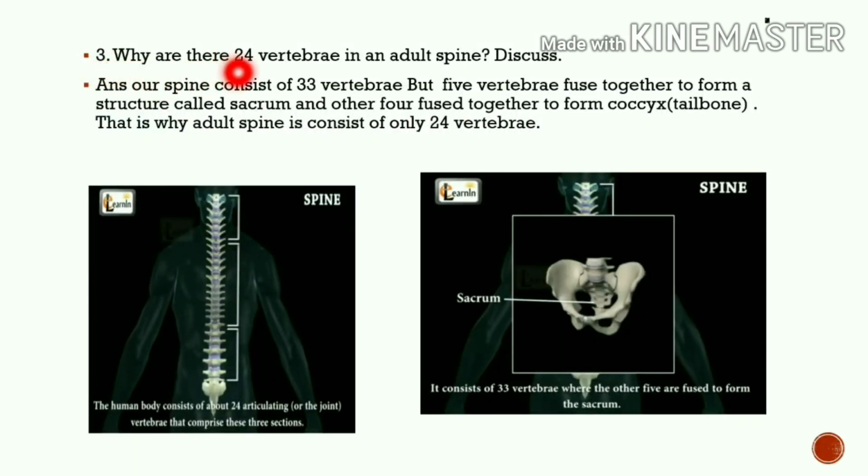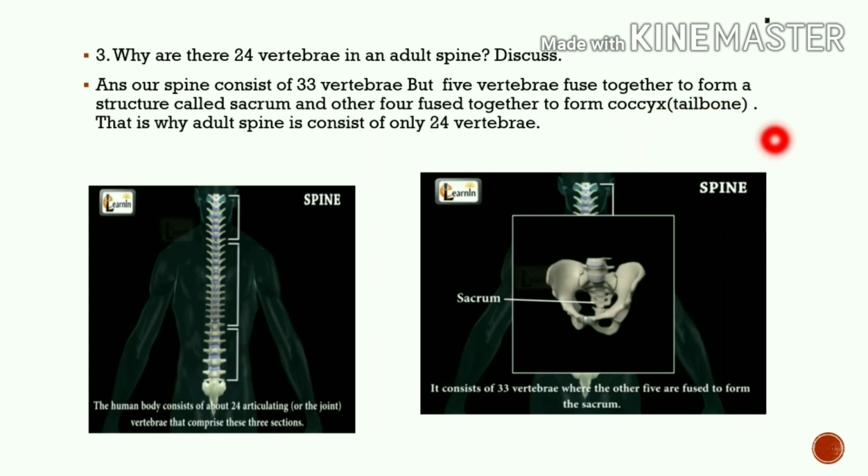Why are there 24 vertebrae in an adult spine? Basically our spine consists of 33 vertebrae. But 5 vertebrae fuse together to form a structure called the sacrum. This one is formed by the fusion of 5 vertebrae. Then the other 4 fuse together to form the coccyx. This portion is also called the tailbone.